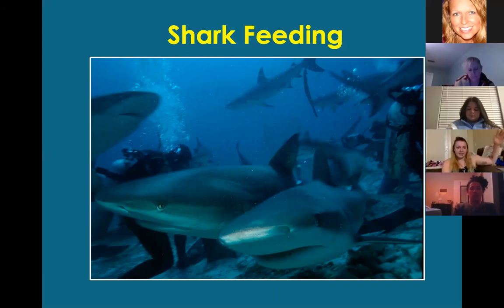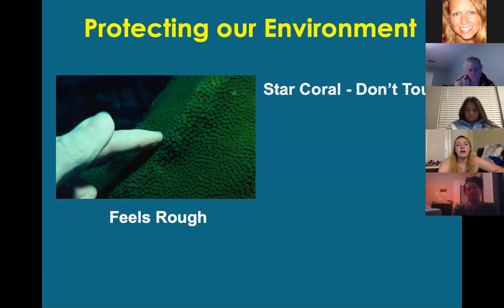So when they see you and your bubbles, they measure from the top of your bubbles to the tip of your fin. So you look a lot bigger to them than you think you look. So like I said, they're probably going to be more scared of you than you are of them. So let's talk about protecting our environment.